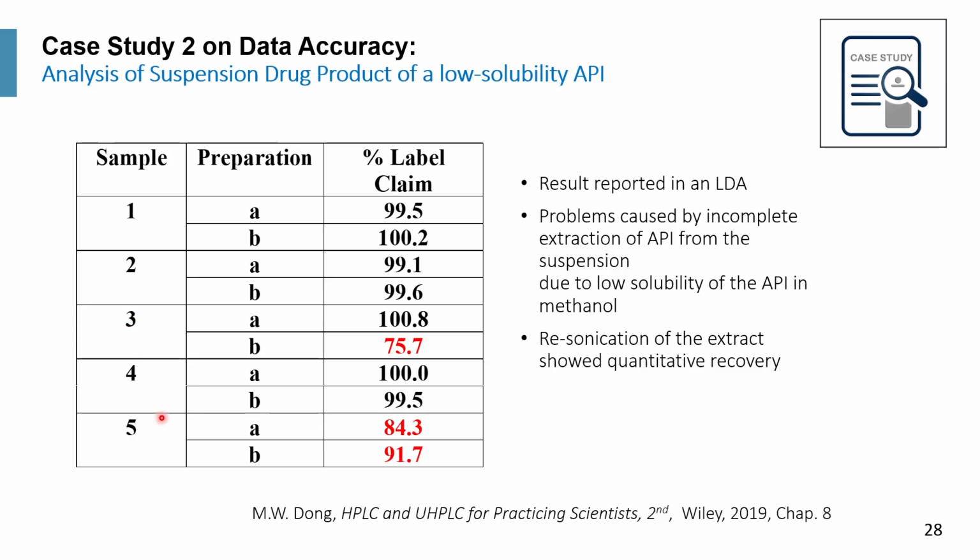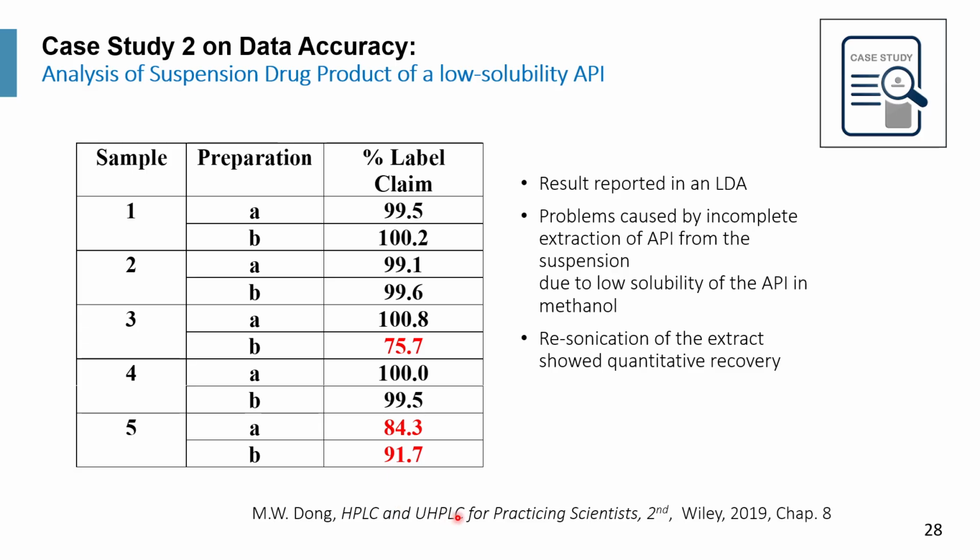We did 5 sample preps, and for each sample we did a duplicate preparation. The percentage label claim was very strange. You can see that some of the samples are close to 100%, while other ones are just bad. So we have a situation called a suspect OOS, or out of specification.